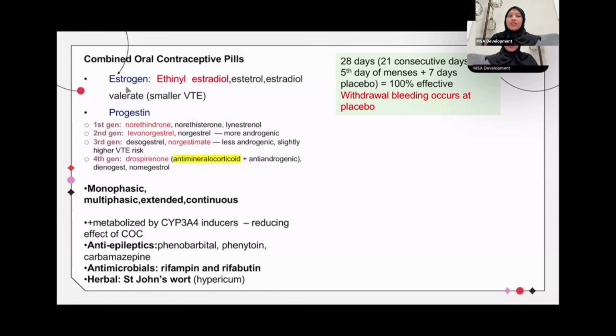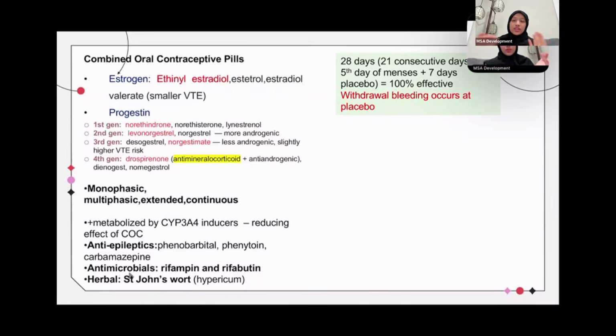Again, these estrogen and progesterone are always metabolized by the inducers in the liver. So let's say there are other medications that someone is taking, like anti-epileptics, carbamazepine, phenobarbital, which were highlighted in the lecture, or antimicrobials like rifampin.